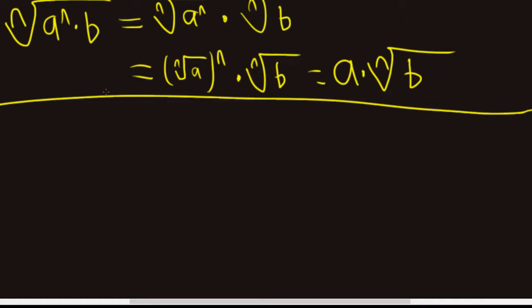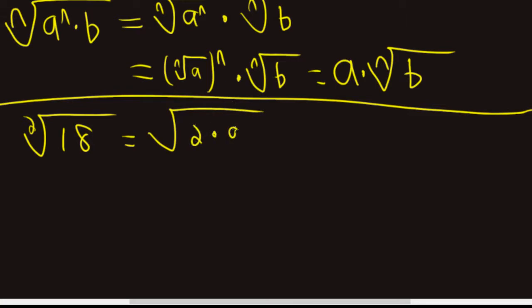Let's say you have the square root of 18. Well, the square root we know is degree 2. If we break 18 down, what's 18? That's the same thing as 2 times 9. Again, degree 2.